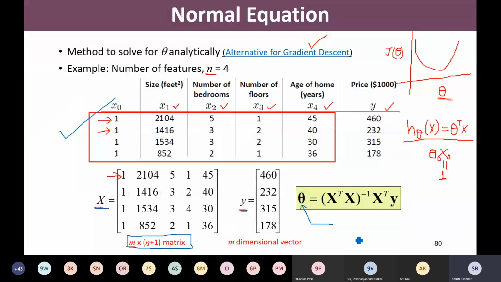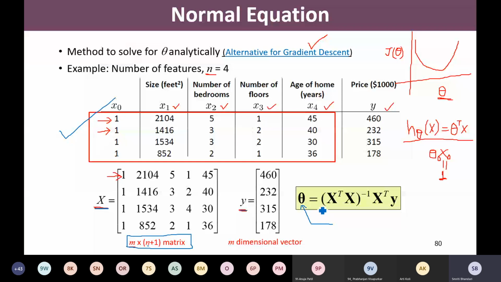To find these parameters theta, earlier we made use of gradient descent. But now we are devising the method of normal equation, and this method directly gives me the values of parameters theta based on computation of this expression. This is X transpose X inverse times X transpose Y.